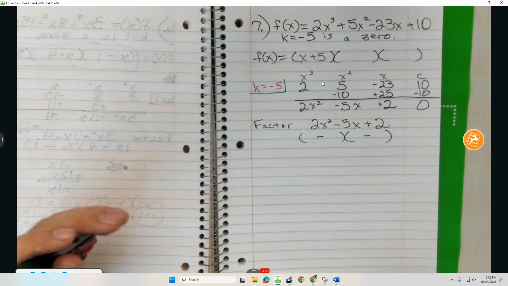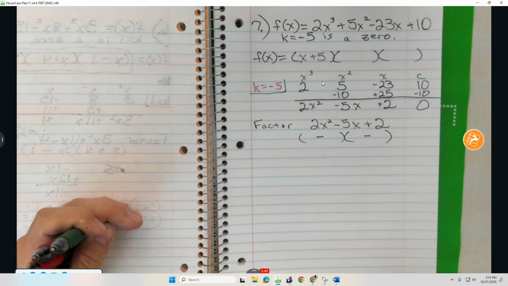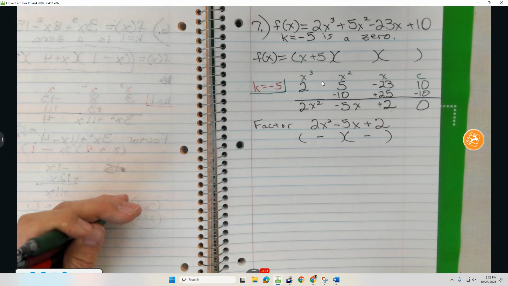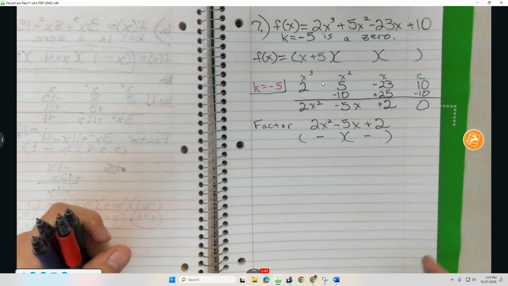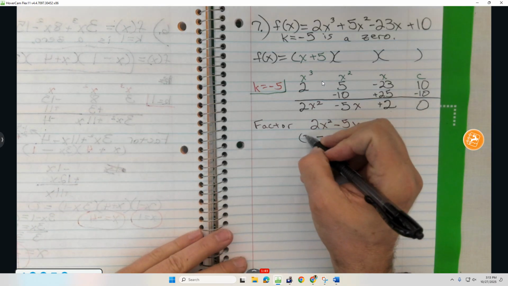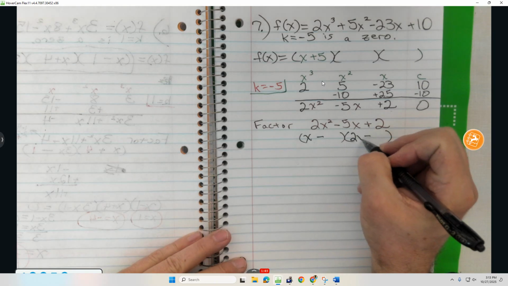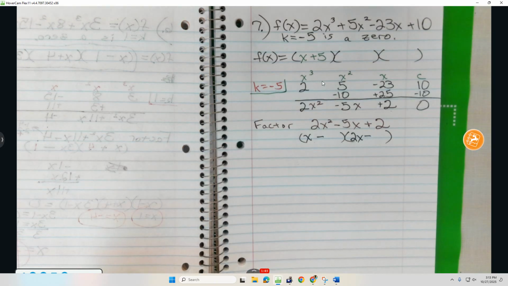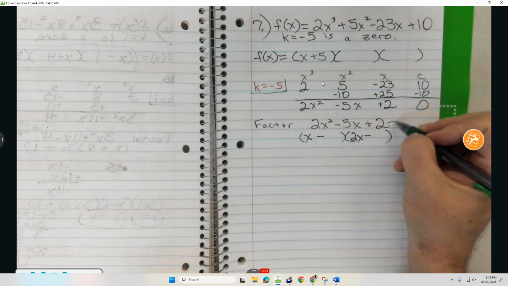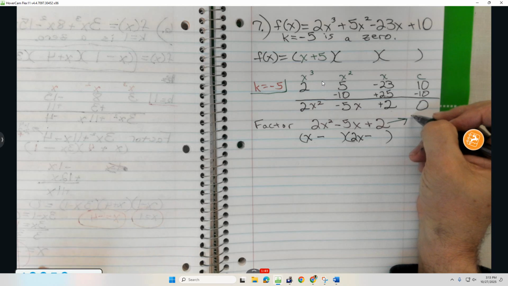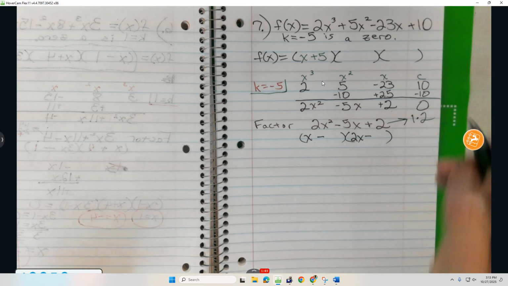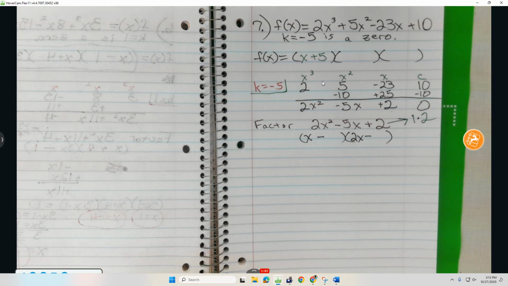2x squared. What times what's going to give us 2? Not a lot of numbers. I think there's only one pair. 1 times 2, so 1x times 2x. Oh, I really like this problem. And then 2. What's that going to give us? There's only one possibility. 2 times 1, 1 times 2, however you want to think about it.